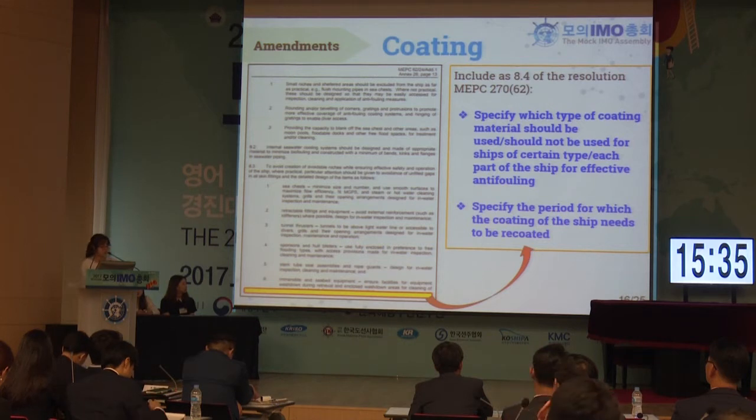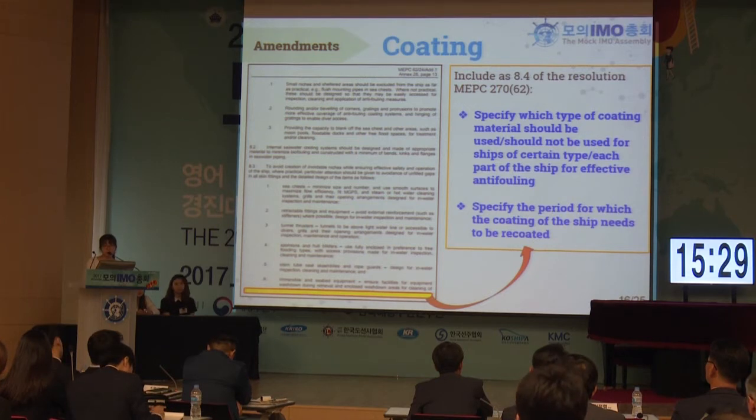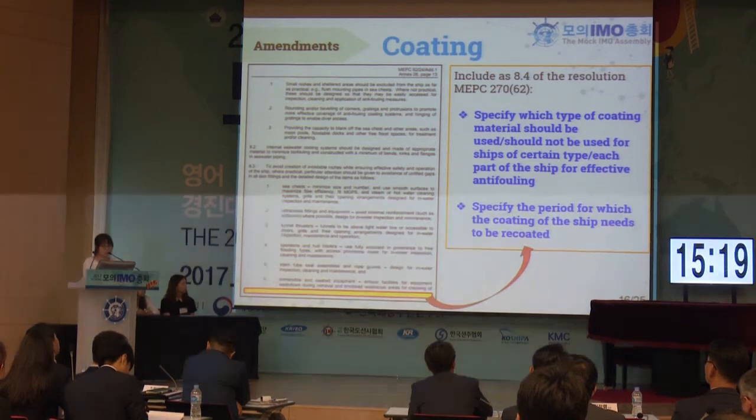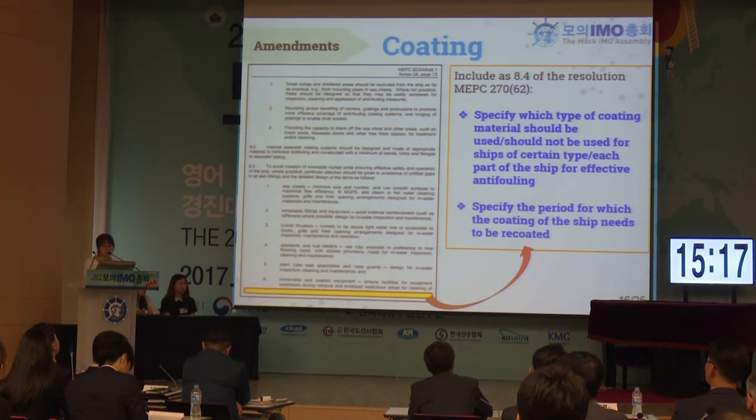To make it more efficient, IMO should specify which types of materials should be used for certain types and parts of a vessel. These are important for anti-fouling efficiency and also for saving the marine ecosystem from harmful paints. Also, specifying the frequency of recoating would help ships handle the issue of biofouling more effectively.